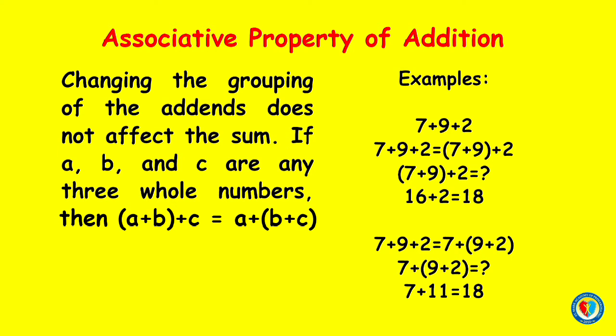To solve this problem, we first find the sum of 9 plus 2 because they are inside the parentheses. 7 plus 9 plus 2 equals 7 plus (9 plus 2). 9 plus 2 is equal to 11. Then you add 11 to the 7 to get the total of 18. 7 plus 11 equals 18.